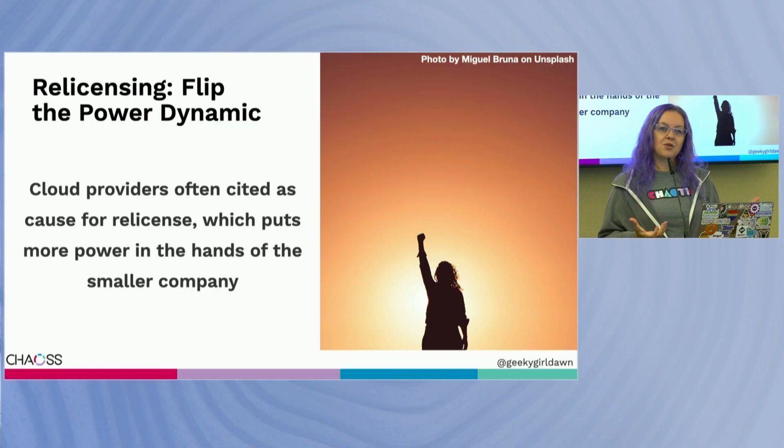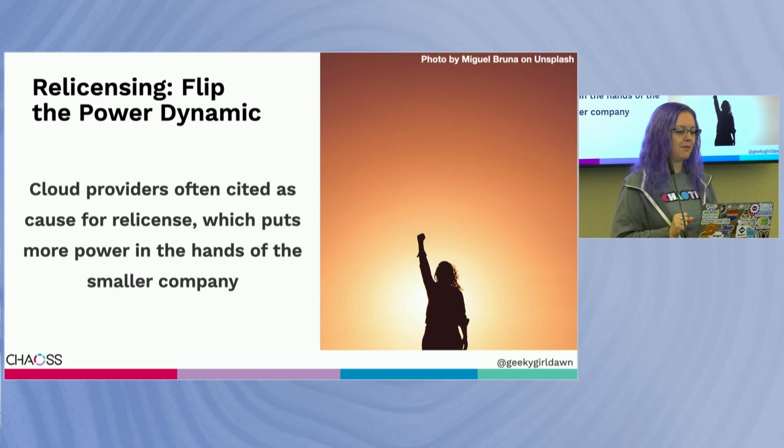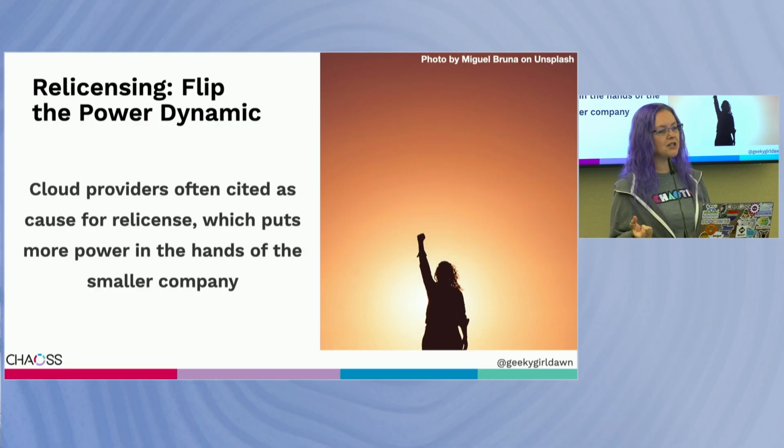Their investors and shareholders can become concerned that the vendor is not making as much profit as possible from the project. And this is compounded if other companies, often large cloud providers, are competing for those same customers and profiting from the open source project that vendor has put substantial resources into developing.